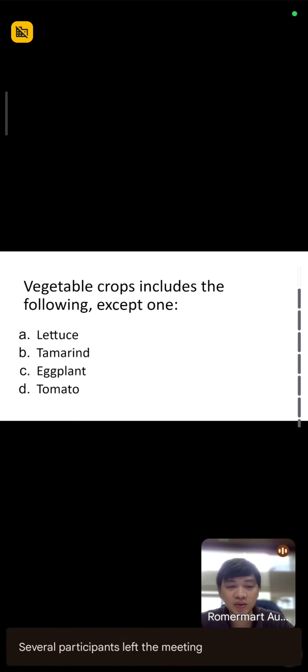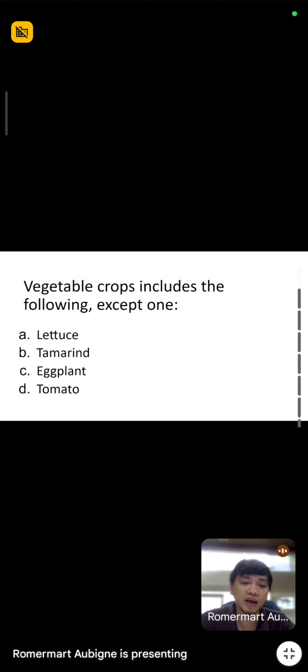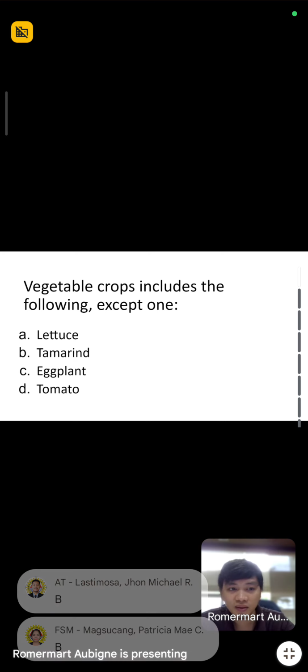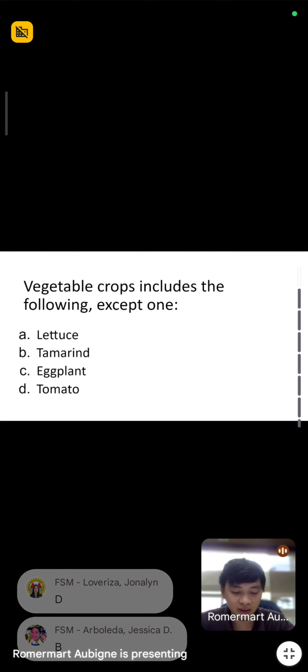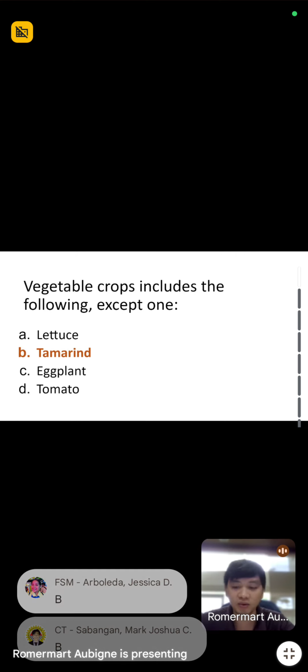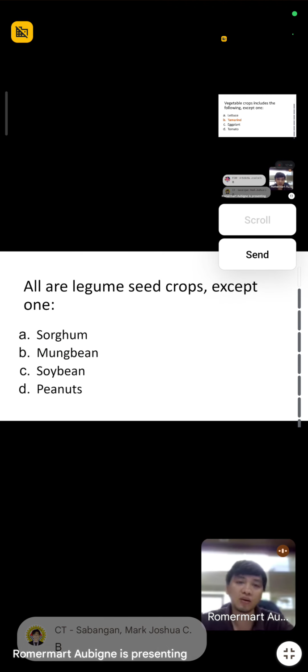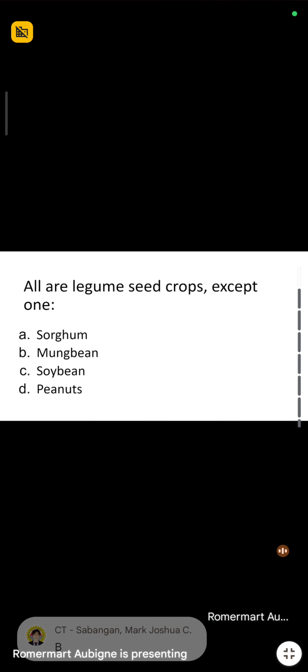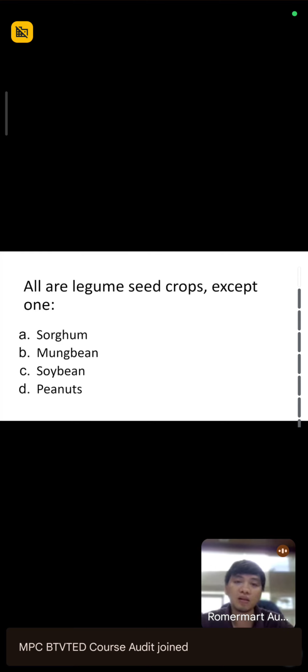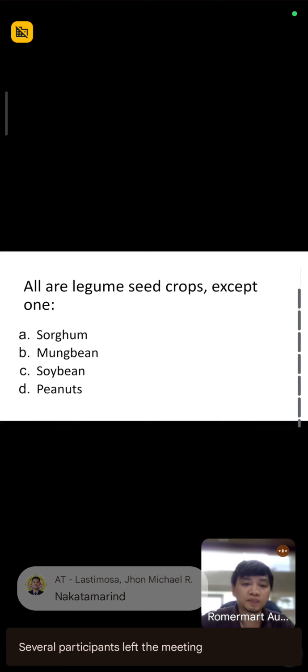Next, vegetable crops include the following, except A. lettuce, B. tamarind, C. eggplant, D. tomato. Which one could it be? They know it: tamarind. Yes, your answers are correct. Next, all are legume seed crops except one.